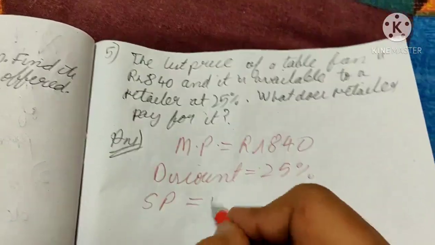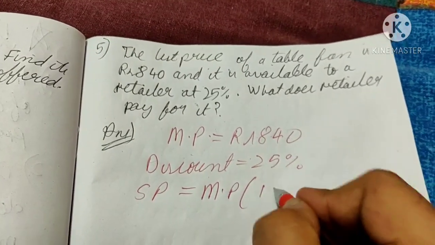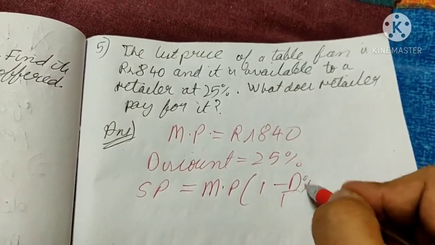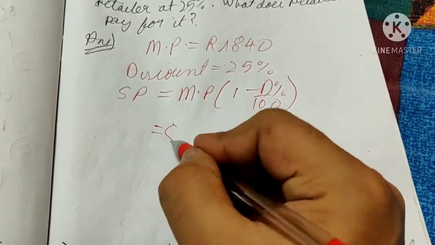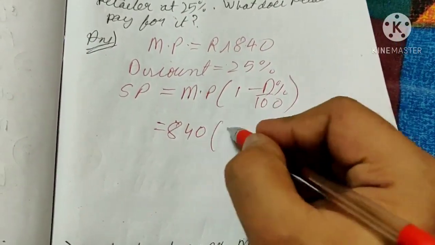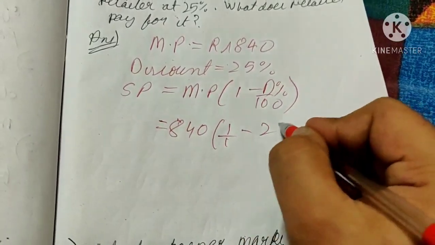What price will the retailer pay? That is SP. The formula for SP was MP into 1 minus D percent upon 100. MP is 840 into 1 minus 25 upon 100.